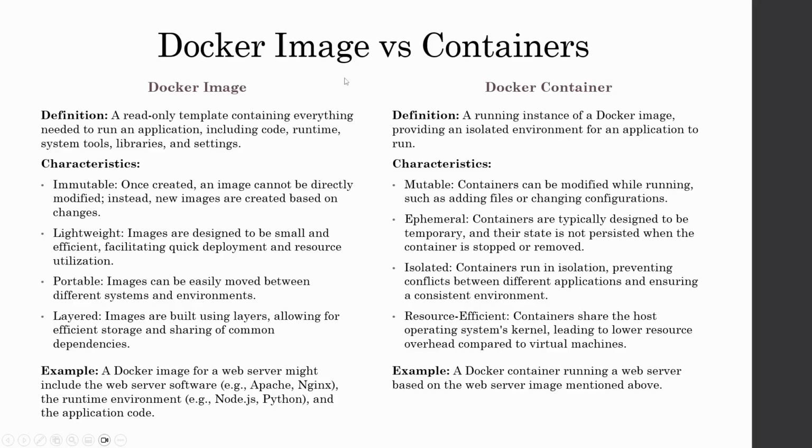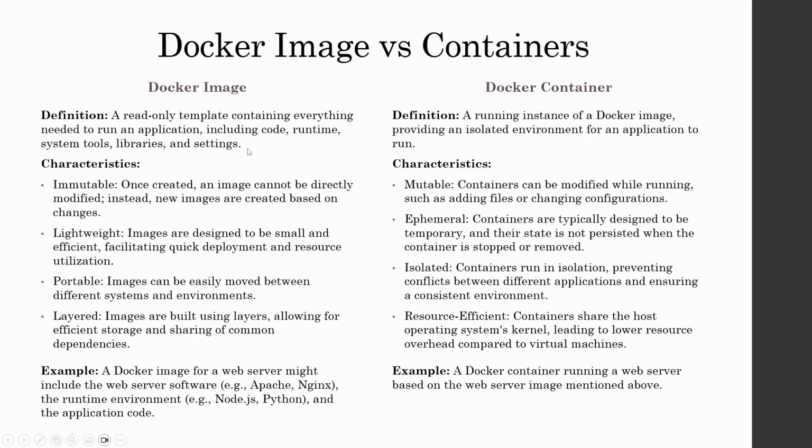Okay, so let's look at the difference between a Docker image and a container. A Docker image is a read-only template containing everything needed to run an application, including code, runtime, system tools, libraries, and settings. So it is like a blueprint. It has everything that is needed. For example, if you are building a Python app, then it will have Python installed in it.